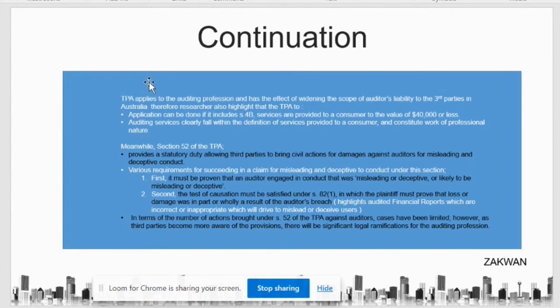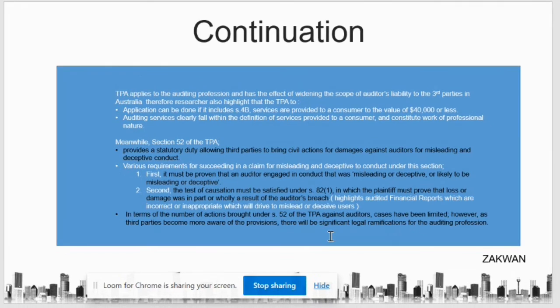If the information is not true, then the financial reports also are not true. In terms of the number of actions brought under Section 52 of the TPA against auditors, cases have been limited. However, as third parties become more aware of the provision, there will be significant legal ramifications for the audit profession.